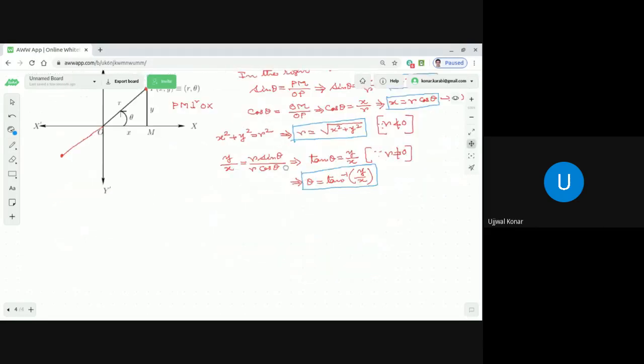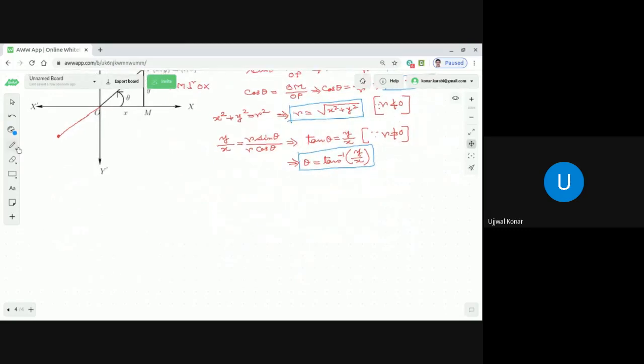So what is the summary? As long as the relationship between the Cartesian and polar coordinates is concerned, if x comma y is given, then what can we write?